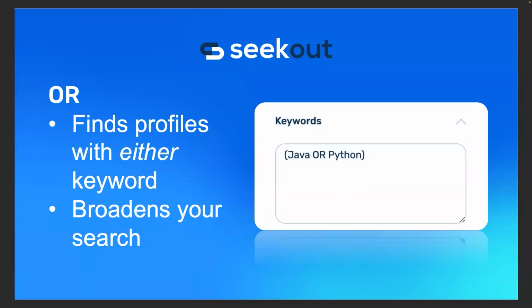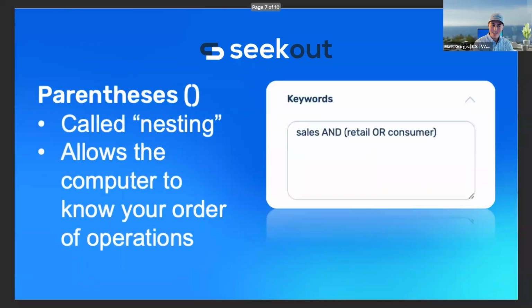Cool. All right. Well, let's enter it now. Parentheses. So we've talked about and, we've talked about or. And means they have to have both or all of the keywords that you've listed with an and conjoining them or a space. Or means that they have to have one or the other or both, right? What do parentheses do? When do I use parentheses? This is called nesting.